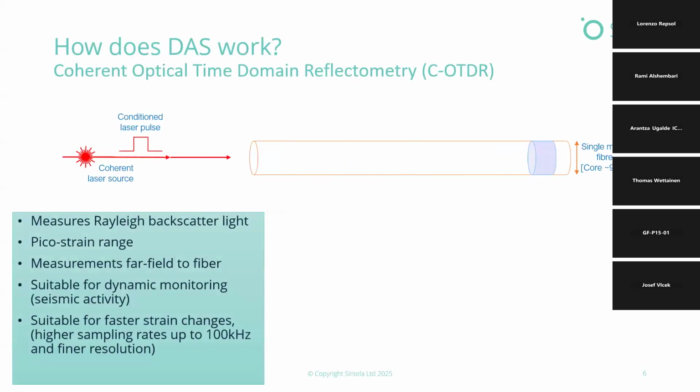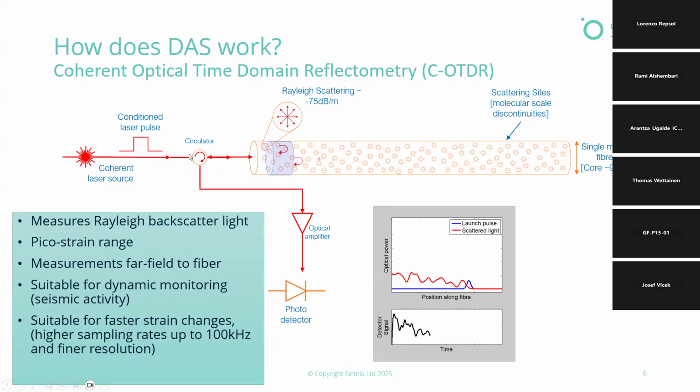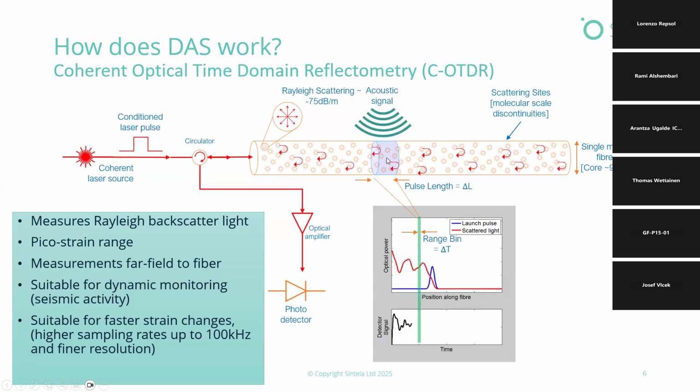So here's a quick animation of how DAS works. We send laser pulses into the fiber optic cable. There are impurities in the glass that cause backscatter. That backscattered light goes back to the interrogator. And if there is a seismic event, that changes the phase of that backscatter light.